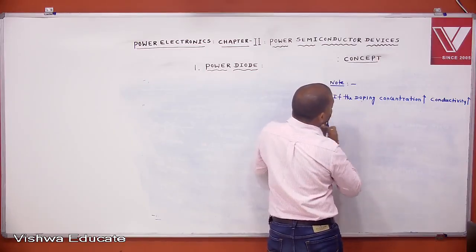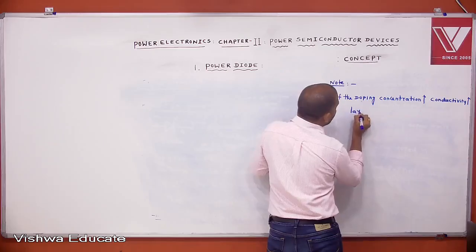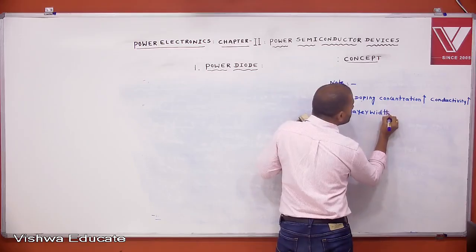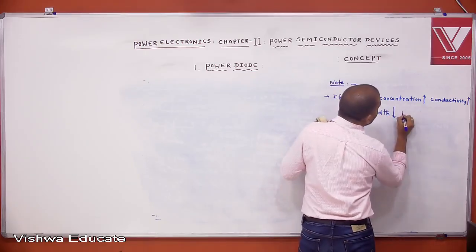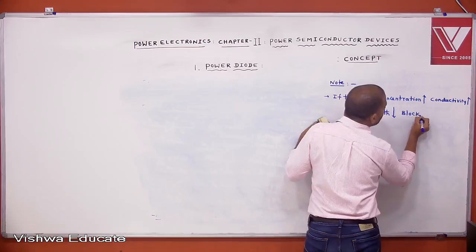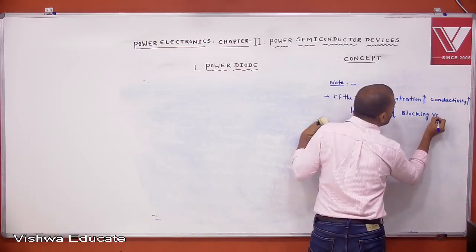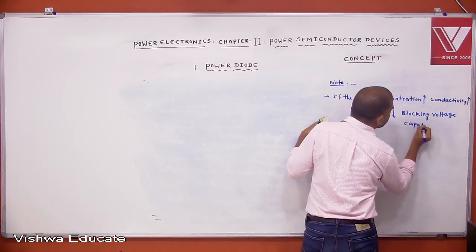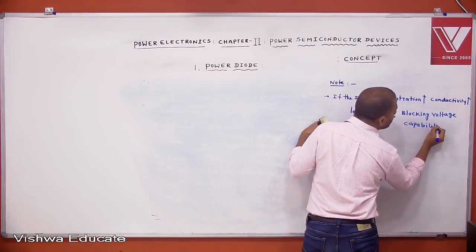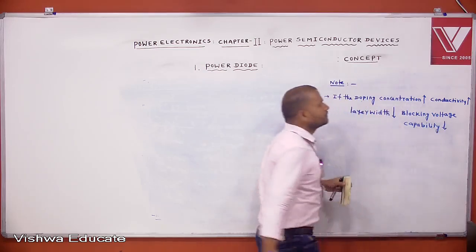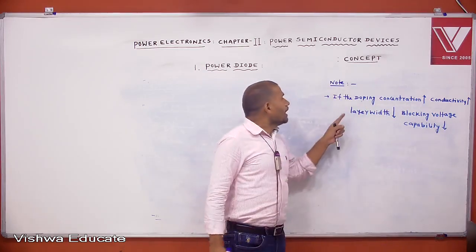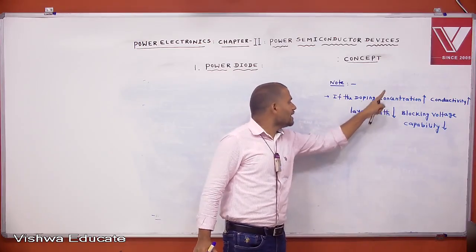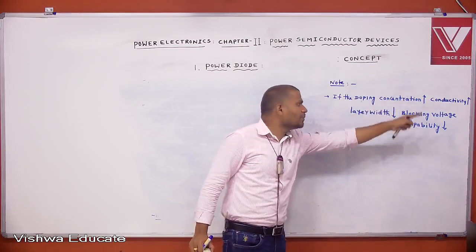The layer width reduces. Then what about the blocking voltage capability? Blocking voltage capability reduces. That means if the doping concentration increases, conductivity increases, layer width reduces, and blocking voltage capability reduces.